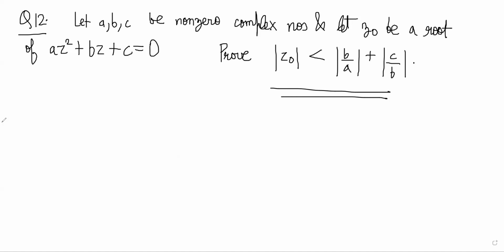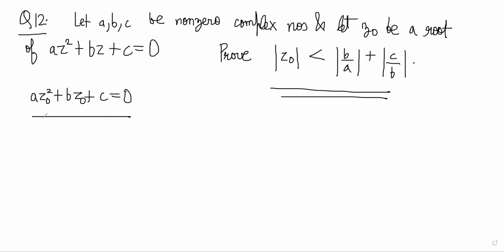Okay, so let's think about this. a z0 square plus b z0 plus c is equal to 0, since z0 is a solution of this equation.